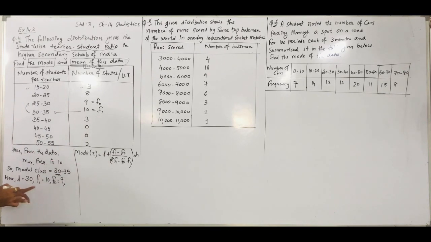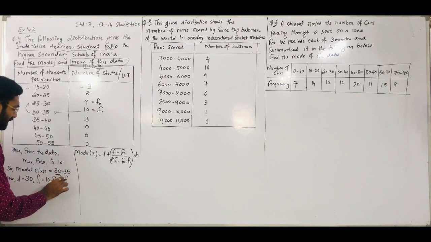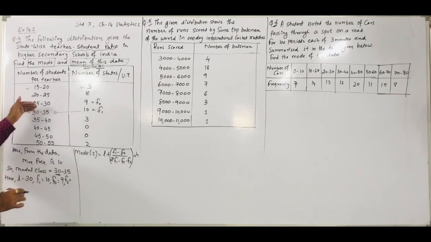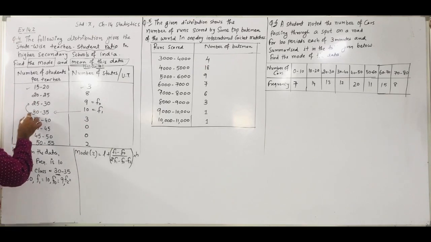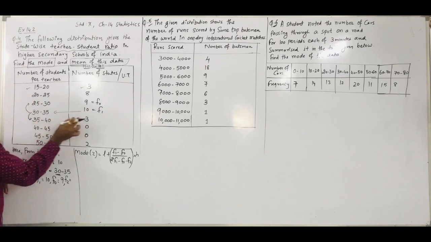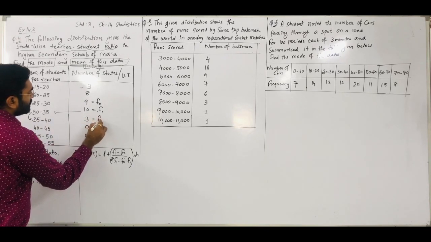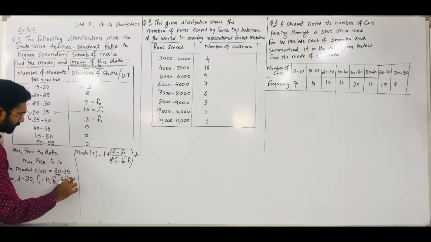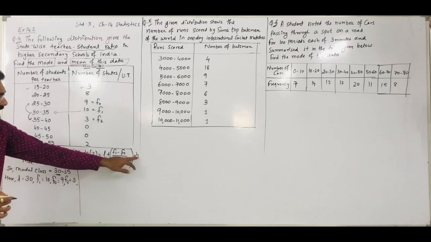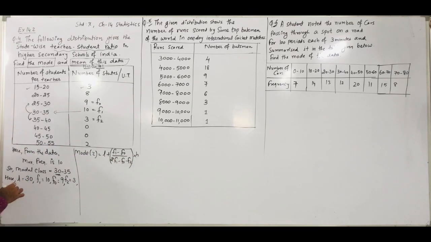F1 value we define as 10, F0 value is 9. Now the F2 value we require. F2 means the model class succeeding class frequency. The class succeeding the model class is 35 to 40, and its frequency is 3. So this is our F2 value, and the F2 value is 3. And we require the H value. H is the class size.